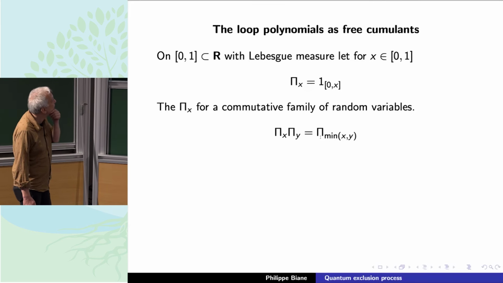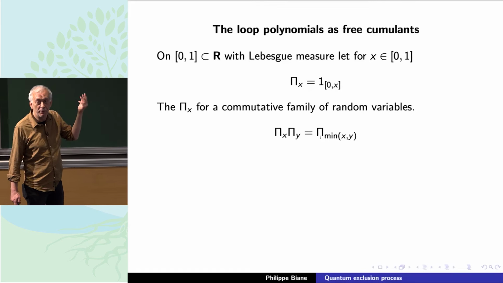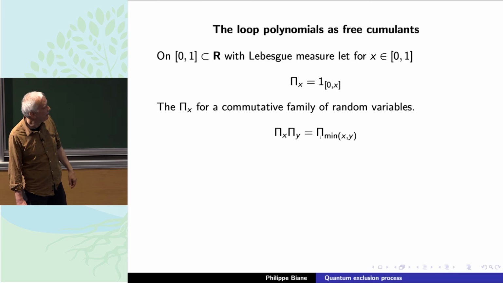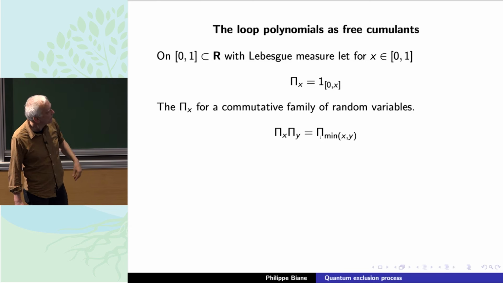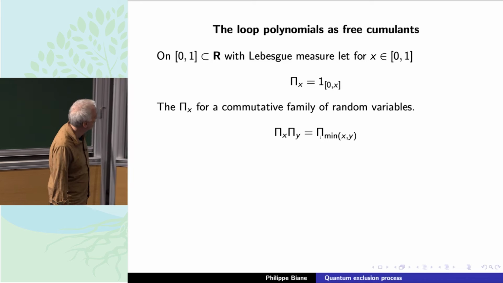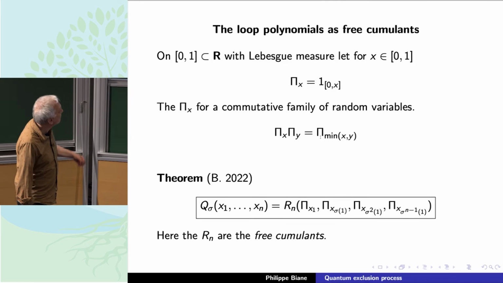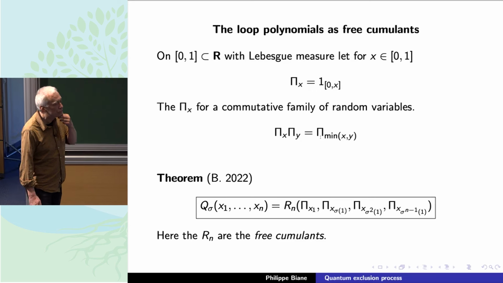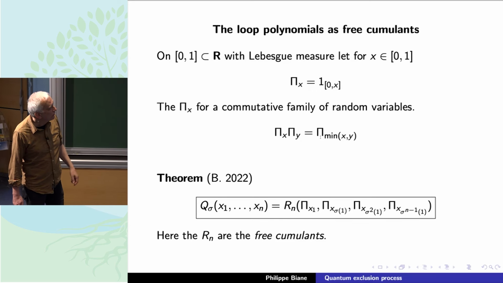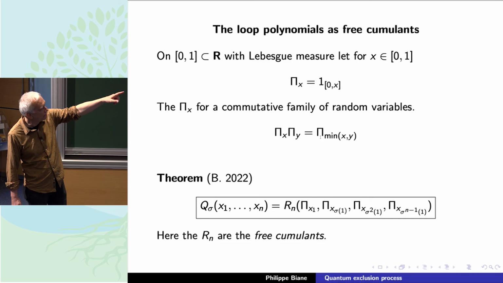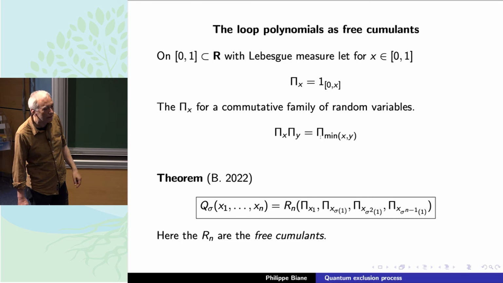They form a commutative family of random variables, and the product of 2 of these is another one of these, just indicator functions of intervals. And the theorem is that Q sigma of x1, x2, xn is the nth free cumulant of pi evaluated on x1, x sigma of 1, x sigma square of 1, etc.